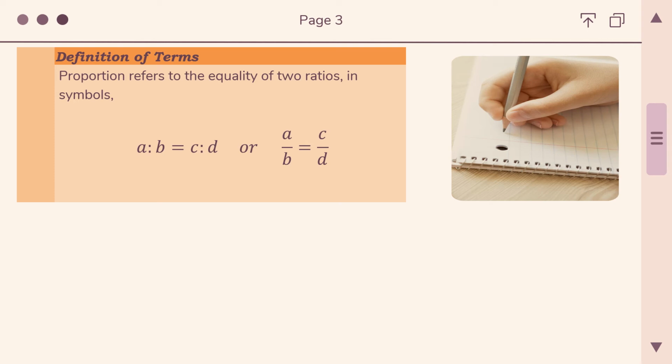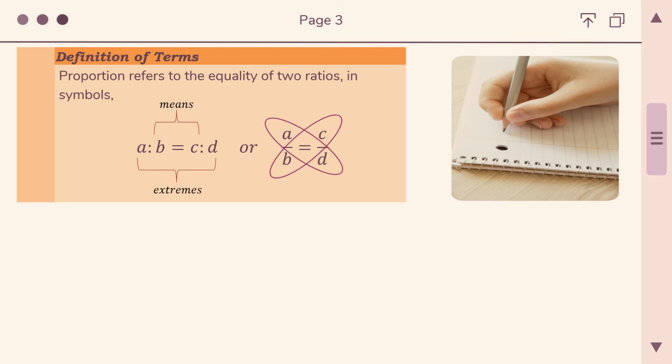So at least there are two comparisons. Okay. So these two comparisons of their measurements can be solved using proportion. And proportion is defined as the equality of two ratios, which involves the means and the extremes.